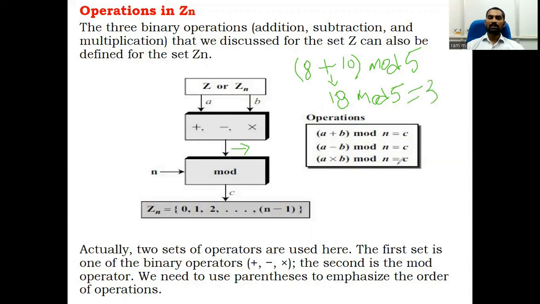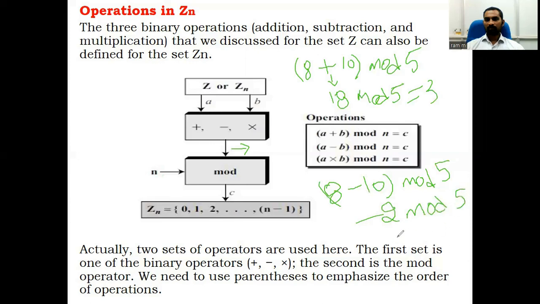Similarly, if I take 8 minus 10 mod 5, this is minus 2 mod 5, and this will also be 3.